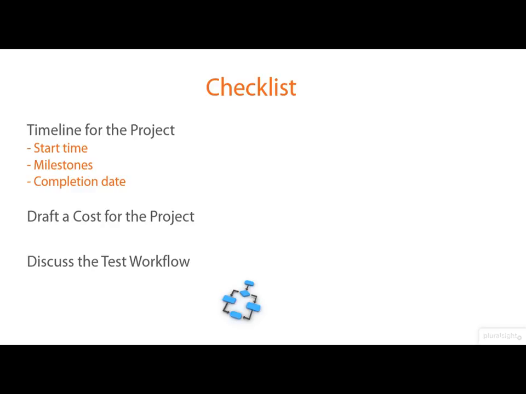Next, you need to show the client the workflow that you are going to proceed with, which includes the steps and the tools, any software, or any special equipment that will be used.